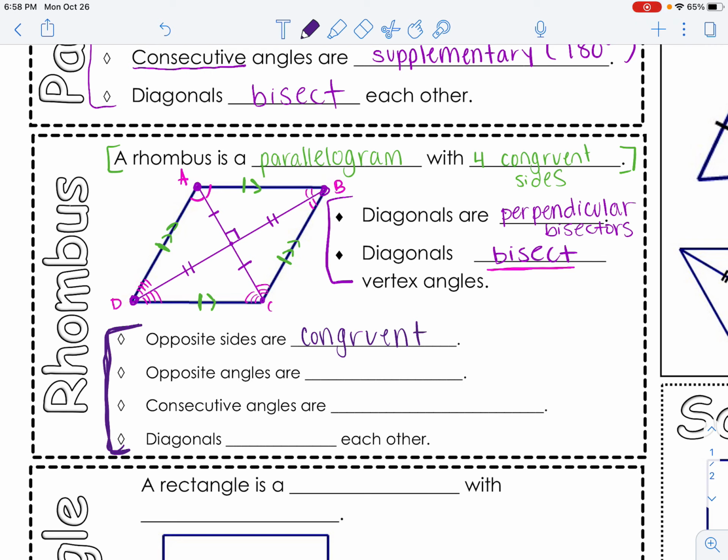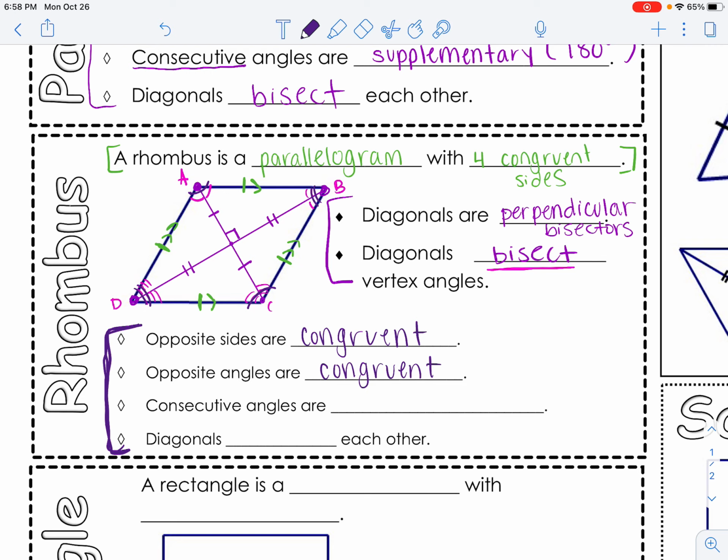We also know that opposite angles are congruent. So opposite angles would be like A and C. Those are opposite angles. They're congruent to each other. Or the other opposite angles are B and D. Those two are opposites as well.